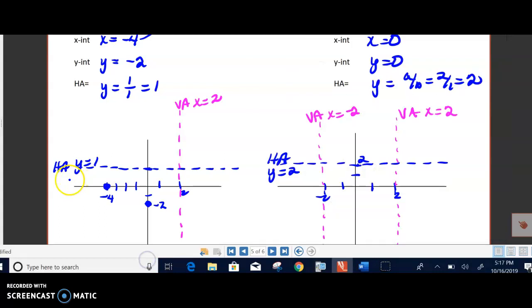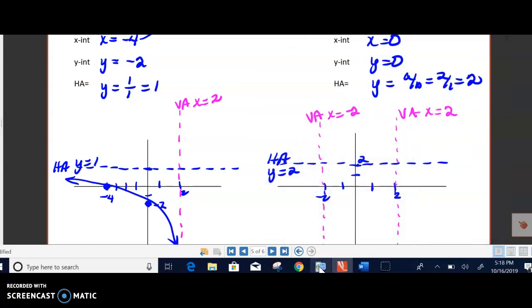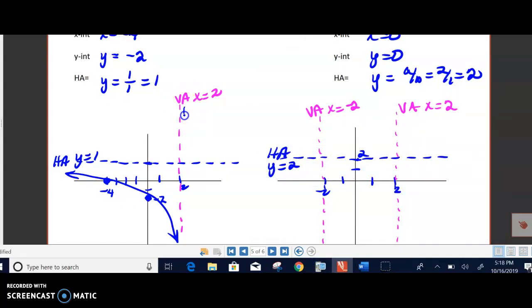It's going to go through the -4, through the 2, and follow those asymptotes. Follow the horizontal up, follow the vertical going down. And the other curve is going to be in the upper right, and it is going to follow both of these asymptotes. Your curves must approach these asymptotes and never cross the vertical asymptote.